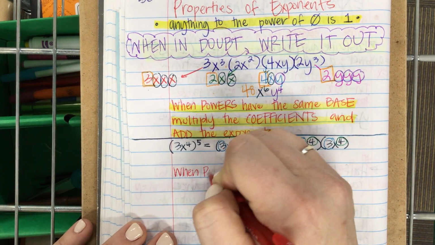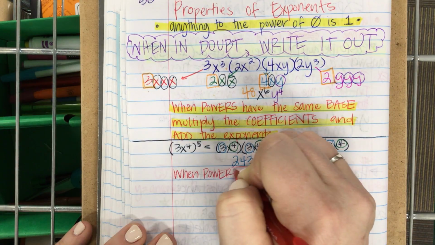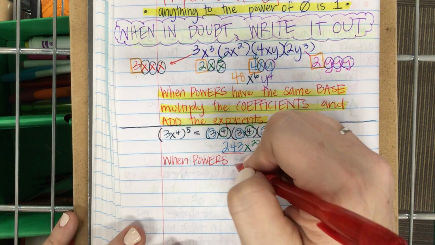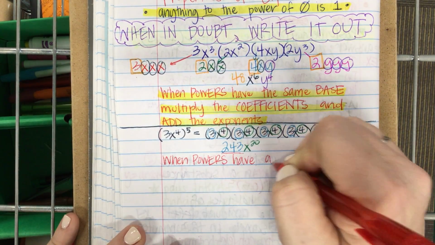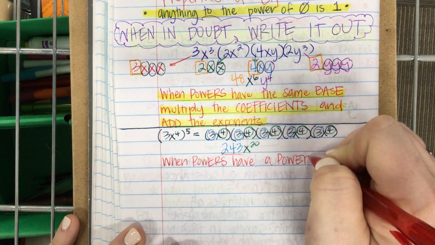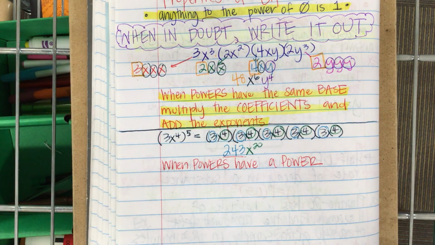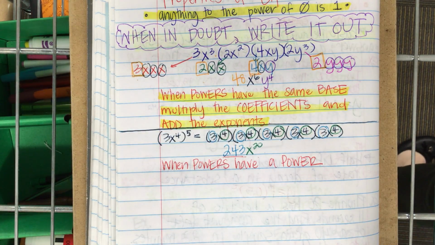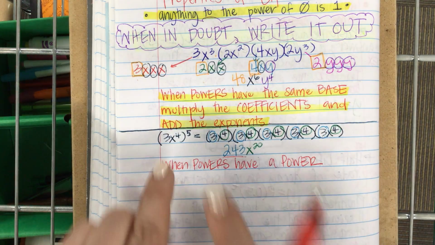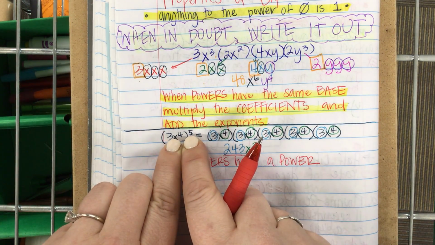So here's my shortcut. When powers have a power, meaning when exponents have their own exponent, when two exponents touch, right?